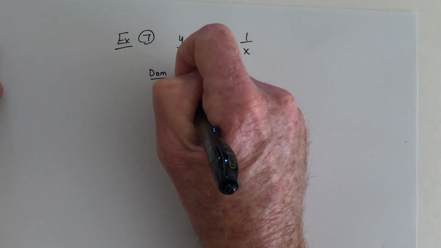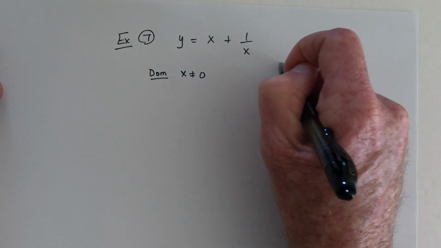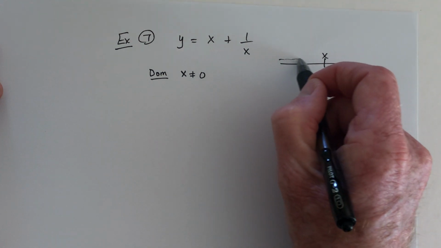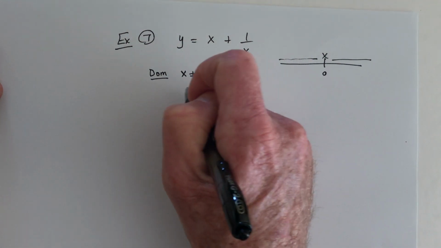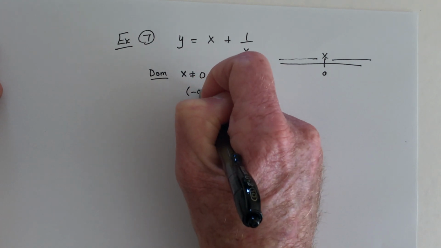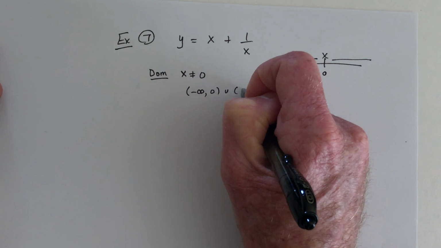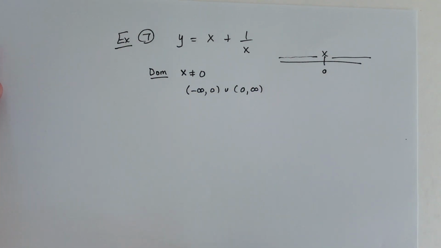So the fastest way to say it is x cannot equal 0. Or if you look at a number line, this has to be thrown out, but I have to account for the left side and the right side. So in interval notation, that would go from negative infinity to 0, and then also the right side from 0 to infinity. So there's the domain.